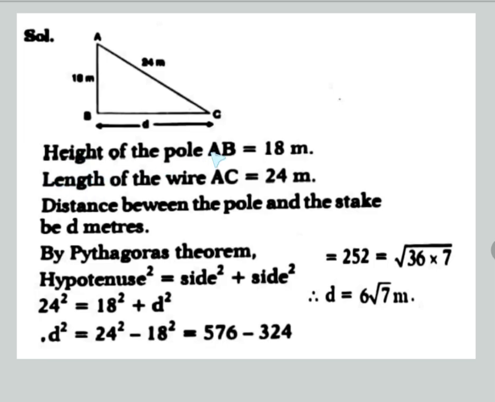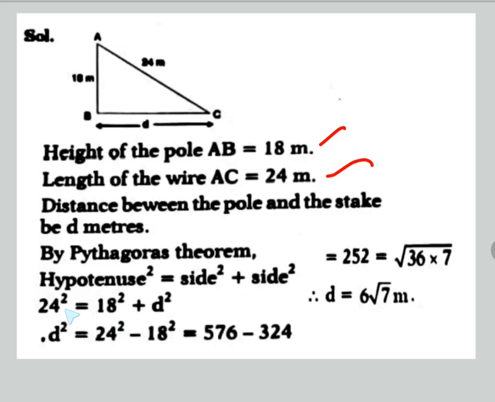Now see that the height of the pole is AB, 18 meters, and the length of the wire, AC, is equal to 24 meters. The distance between the pole and the stake is D meters. By the Pythagoras theorem, hypotenuse square is equal to the sum of squares of the two sides: AB square plus BC square.